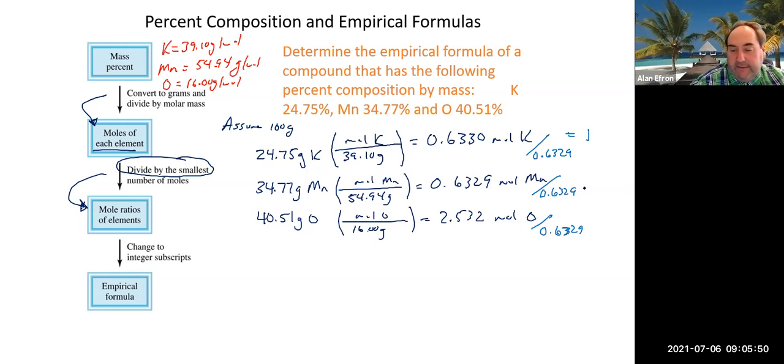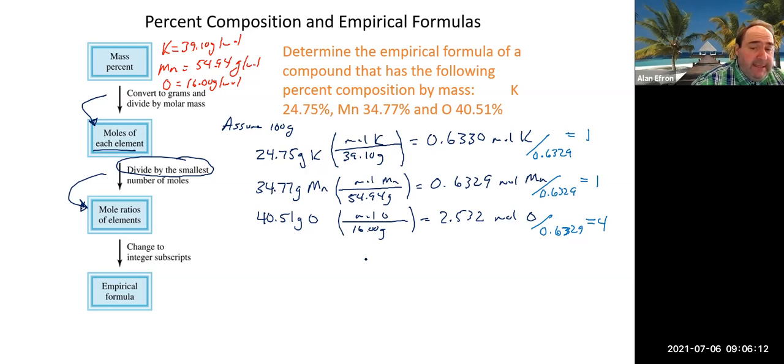That gives us basically 1 for potassium, and basically 1 for Mn. And 2.53 divided by 0.6329 roughly gives us 4 for our oxygen. At this point, we pretty much have hit all whole numbers.